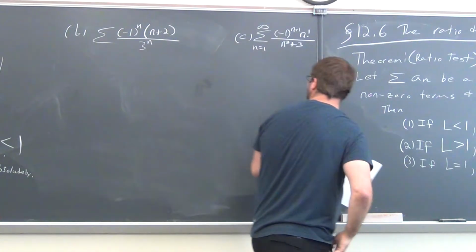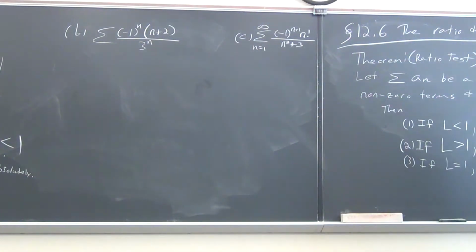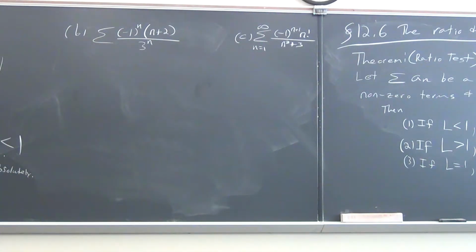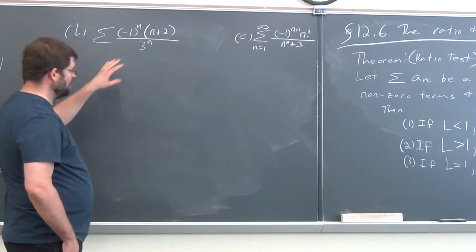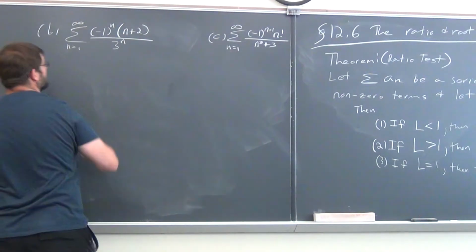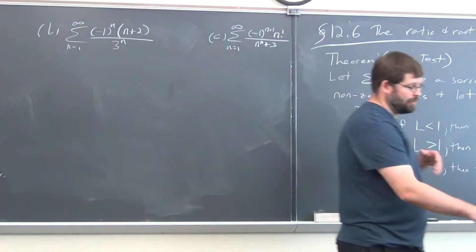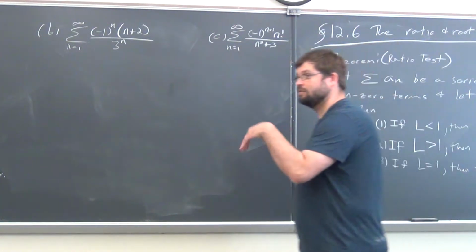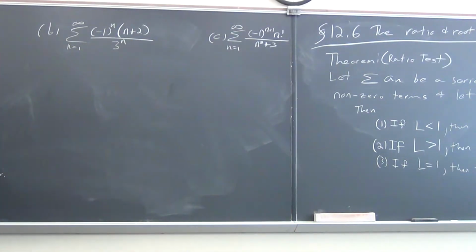Take a minute, you'll need more space than I'm putting up here, I'll move it around in a minute. Take a second, try to do both of those. It doesn't really matter where this sum started. Take the ratio of the n plus 1th term over the nth term, take that limit, and then again, you just compare it to 1. And see what you end up with.